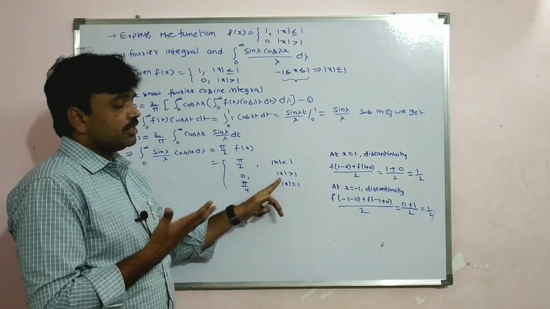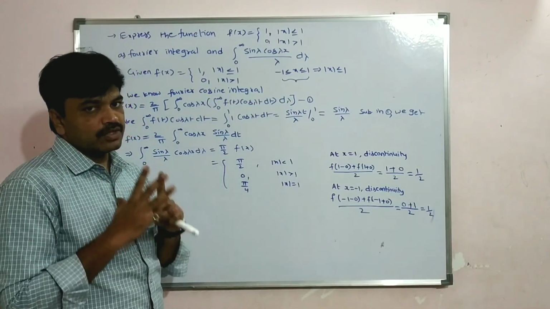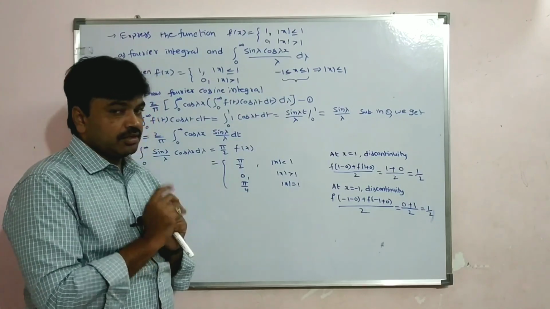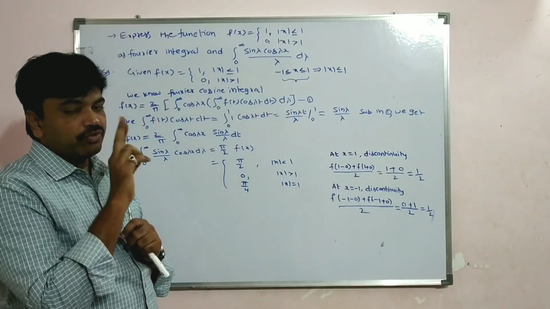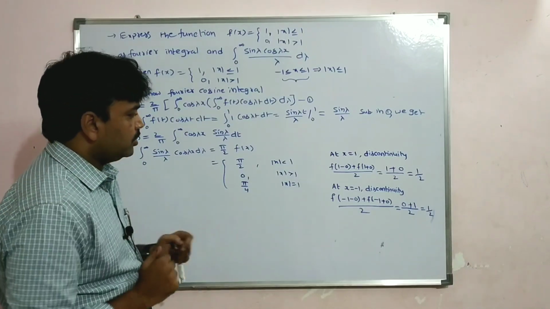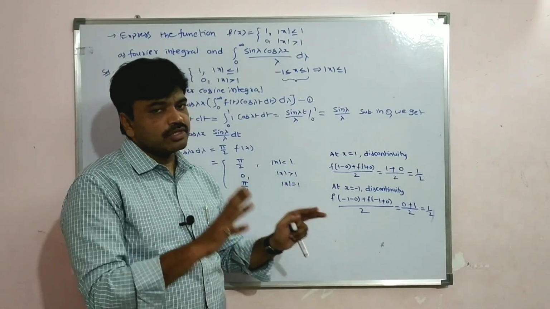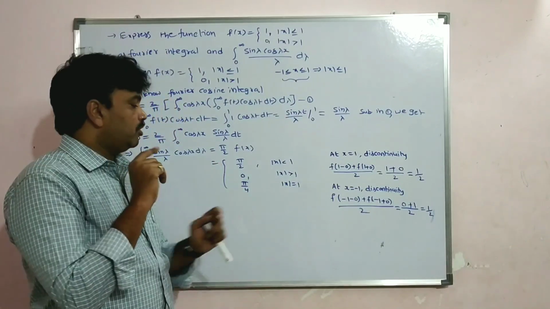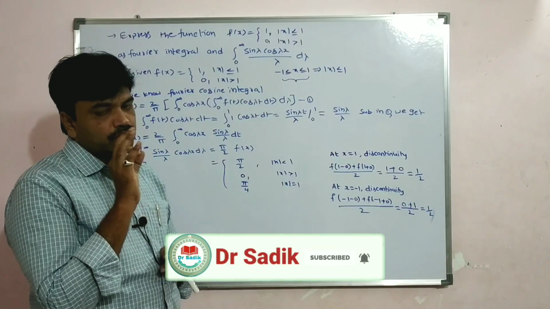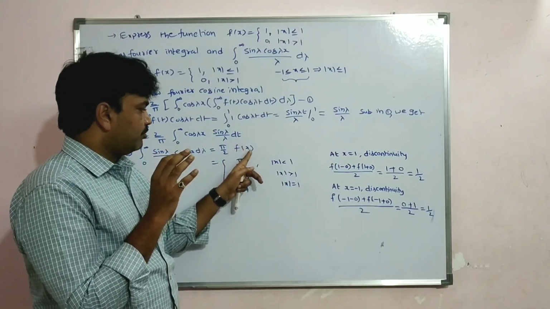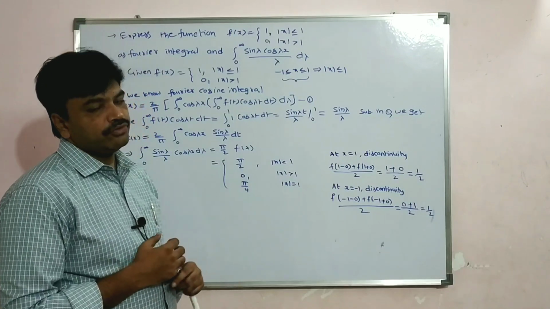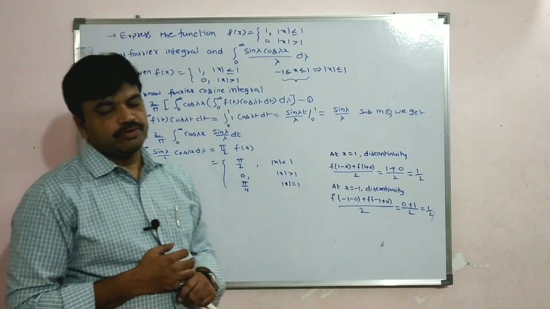If modulus x greater than 1, f of x value is 0. And modulus x equal to 1, there is a discontinuity at 1 and minus 1, and both values are same, so f of x value is 1 by 2. So 1 by 2 into pi by 2 is pi by 4.